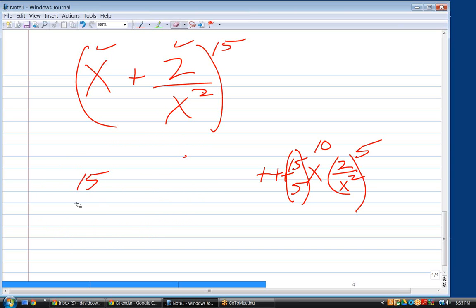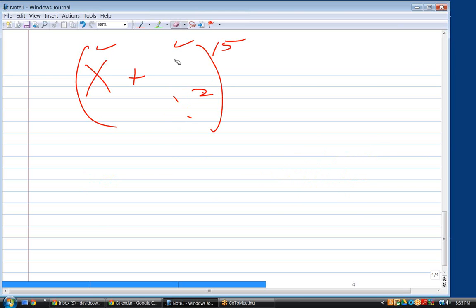Let's see. This might have been the one from last night. They want you to find the coefficient of x to the 5th in the expansion of x plus 2 times x squared plus 1, all to the 8th.